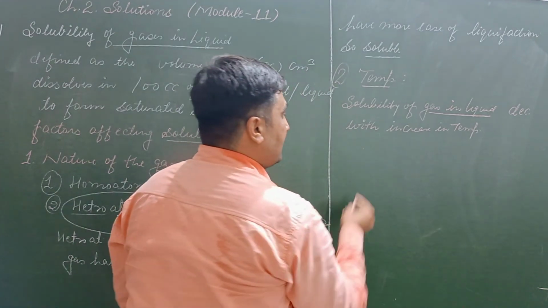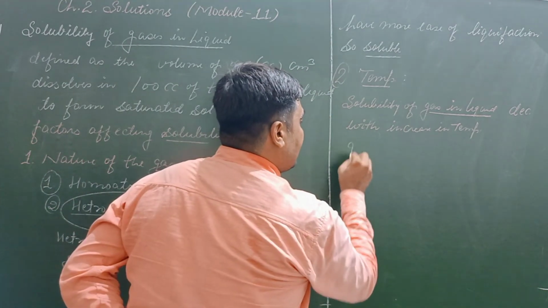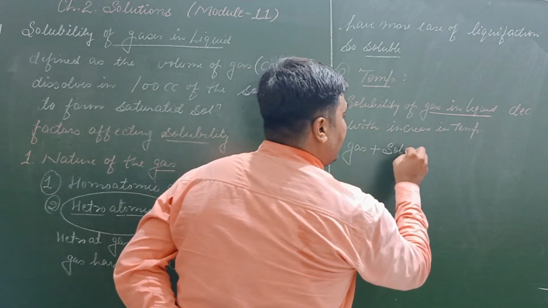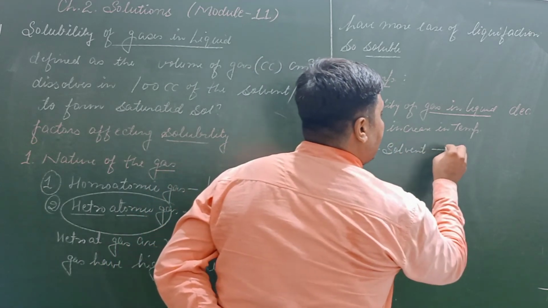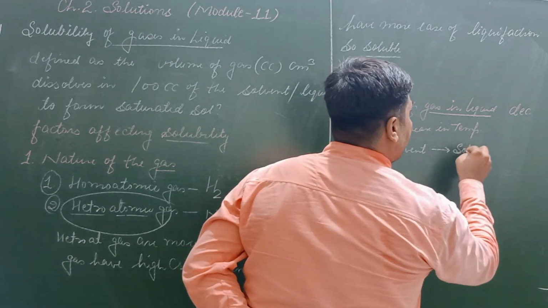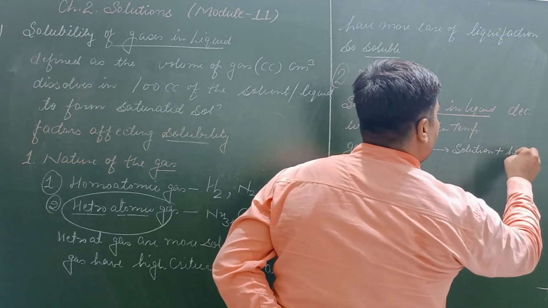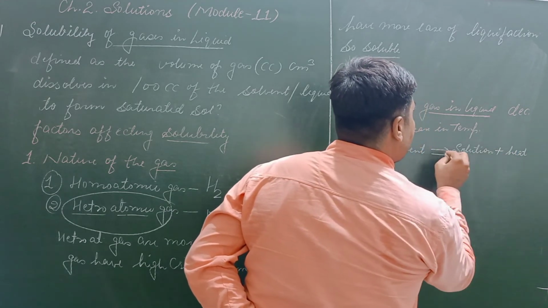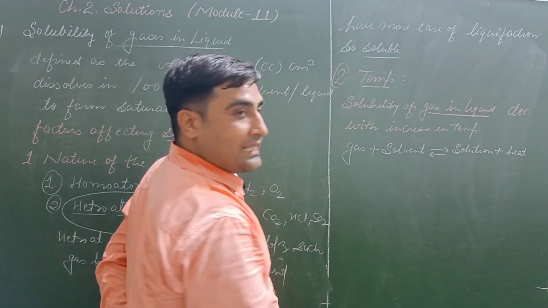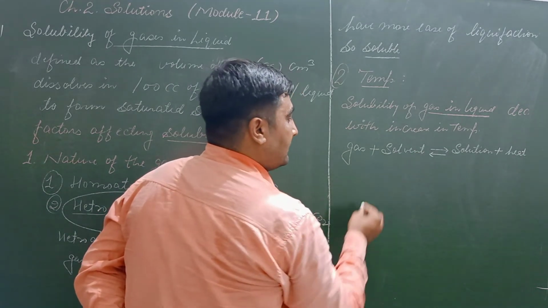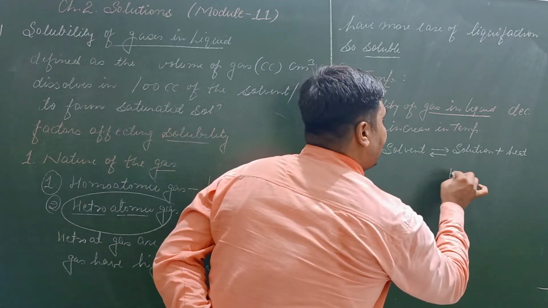Suppose we have a gas that has to be dissolved in a particular solvent, it forms a solution and heat gets evolved. This is a reversible reaction. Here we find that this reaction is exothermic in nature.